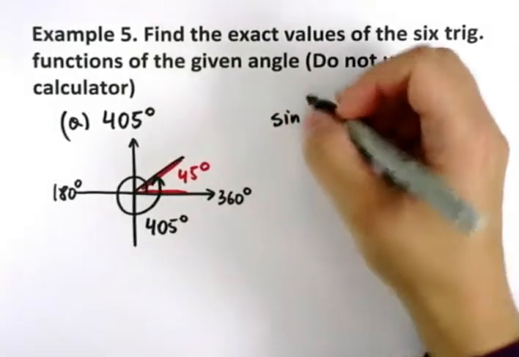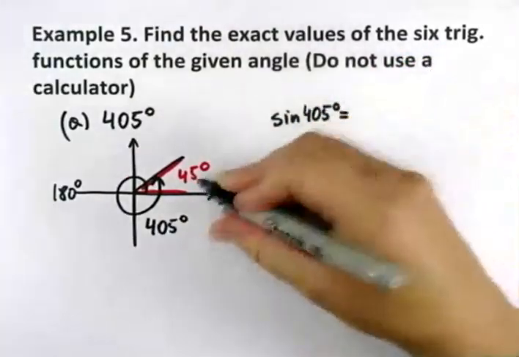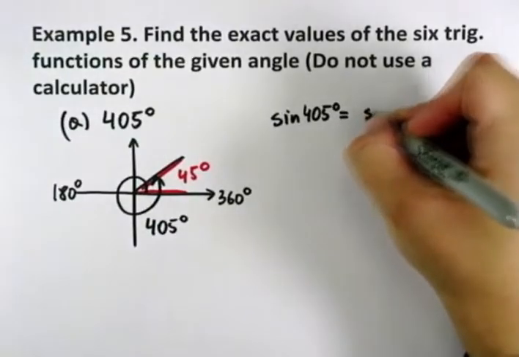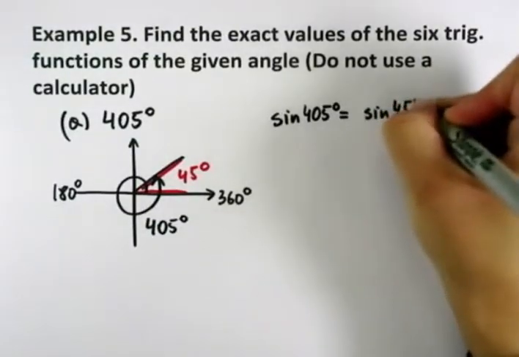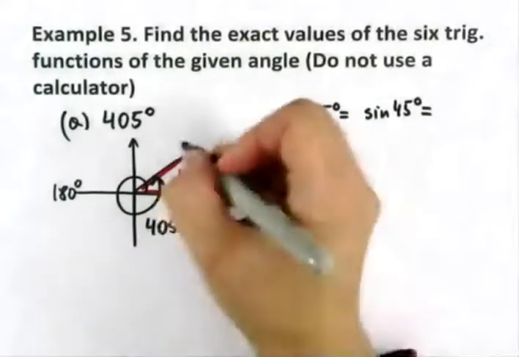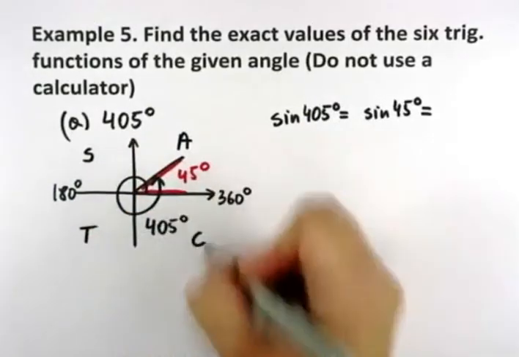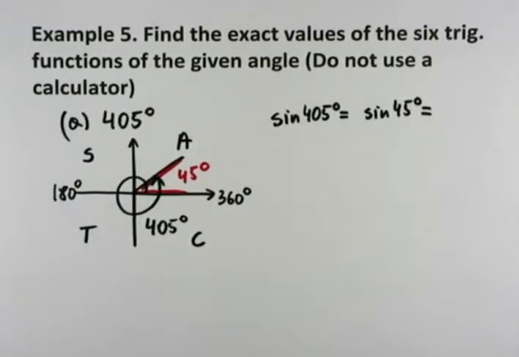So sine 405 is the same as sine in this quadrant, up to the sign, of sine 45 degrees. We are in the first quadrant. Add sugar to coffee. In the first quadrant, all trigonometric functions are positive, so this value is positive.